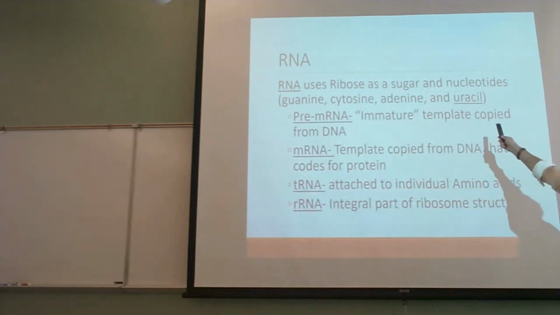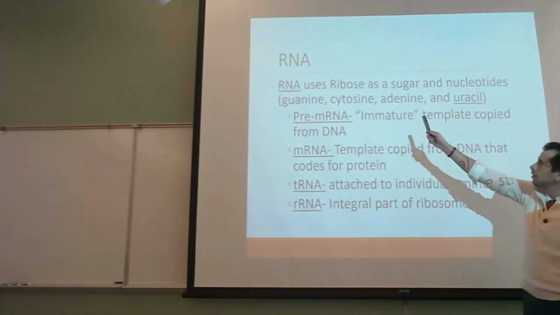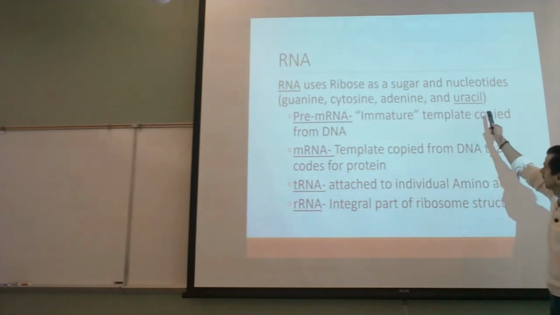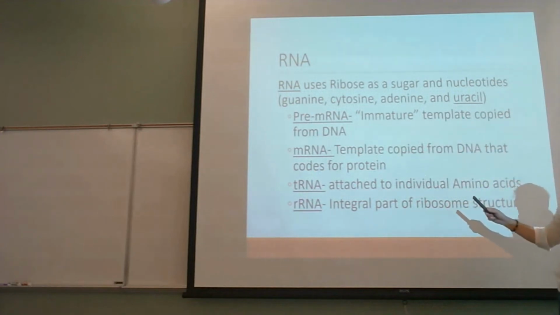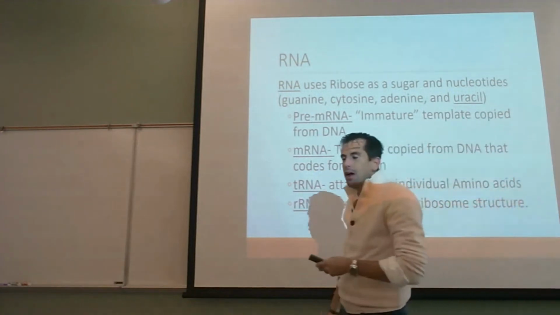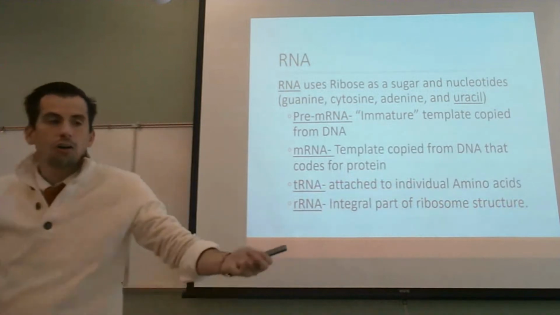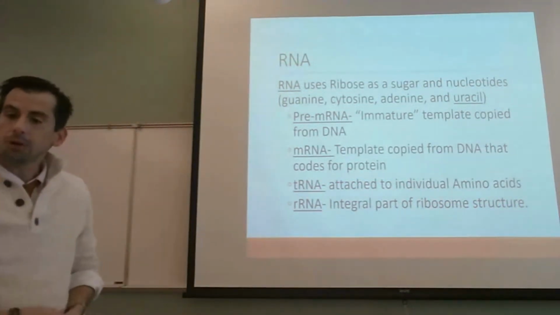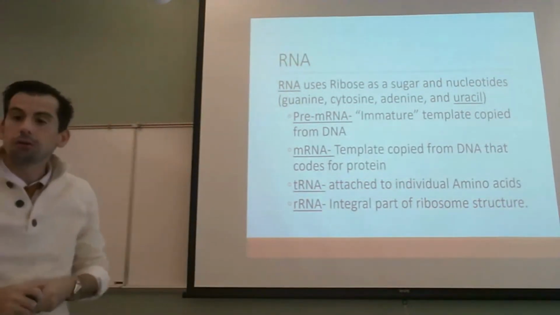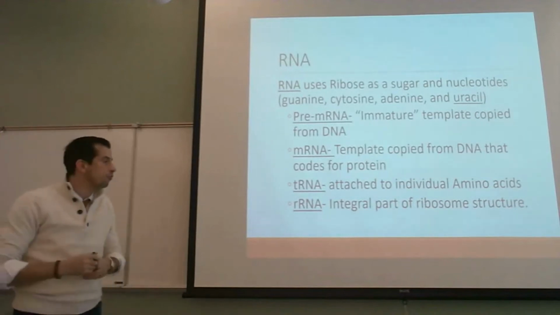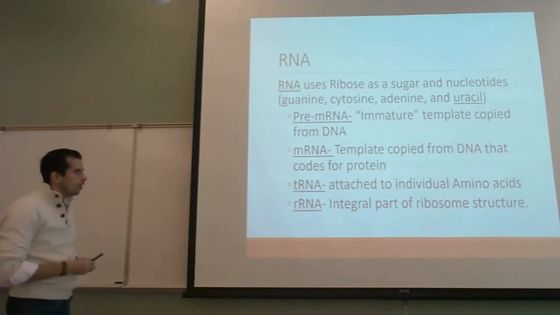Instead of thymine, we have uracil. So we still have our guanine, cytosine, adenine, but instead of thymine, we have uracil. So whenever we would have seen an adenine on our DNA strand, we pair that up with a uracil while we're making our messenger RNA.